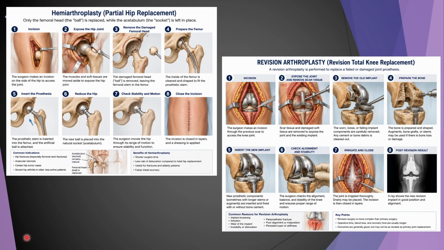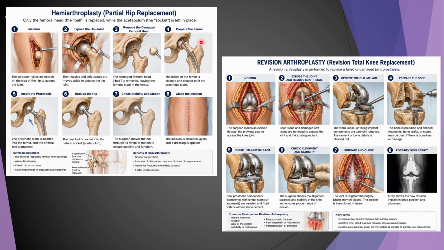Coming to hemiarthroplasty, take the hip as an example. First the incision to access and expose the hip joint. After that he will remove the damaged femoral head and prepare the surface of the femur.